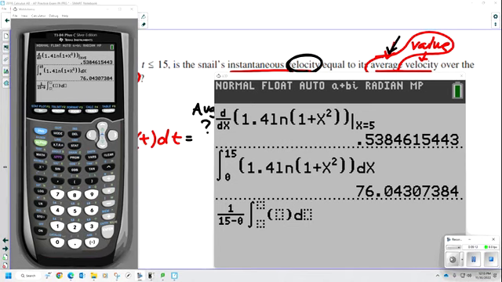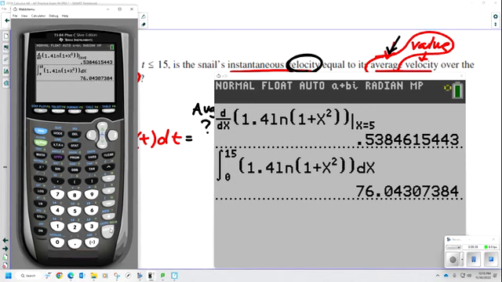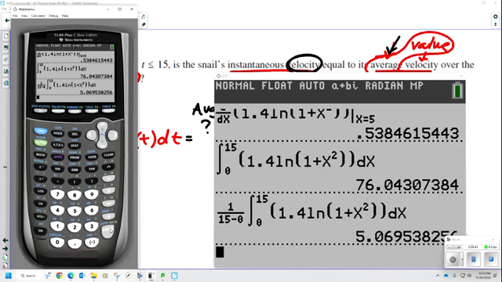And so that integral is from 0 to 15 of my velocity, which is 1.4 ln of 1 plus x squared, so in parentheses, dx. This is the average value of my velocity from 0 to 15. And I hit enter, and I get something lovely like 5.0695. Let's use that.